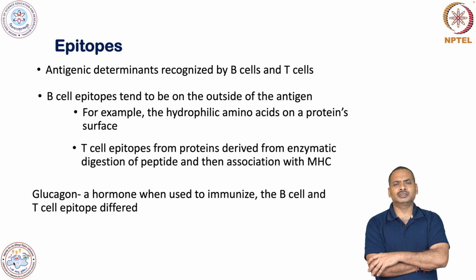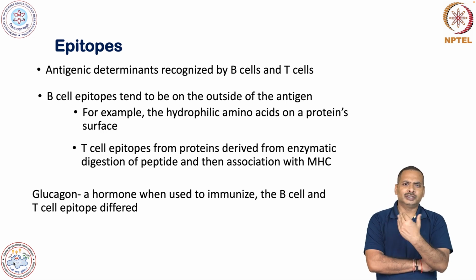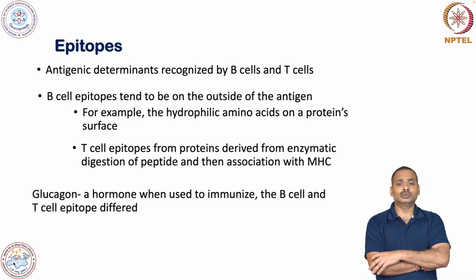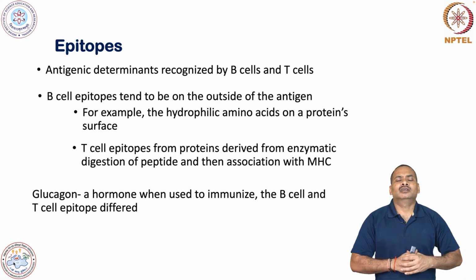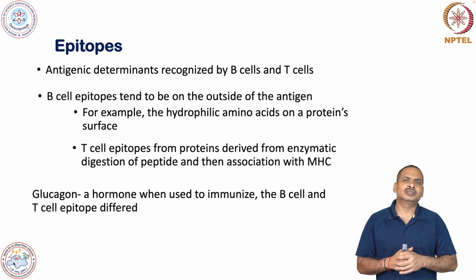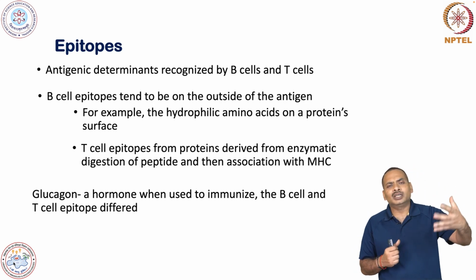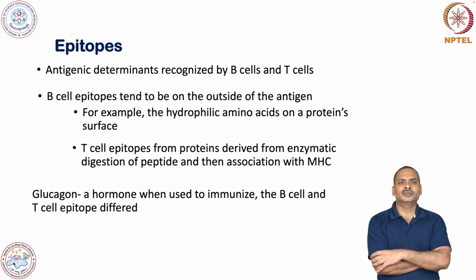Glucagon is basically a hormone. When we immunize the animal with glucagon, then B cell and T cell epitopes will differ. It is not the same epitopes. For example, if an animal is challenged with some antigen, the B cell epitope and T cell epitope will be entirely different.